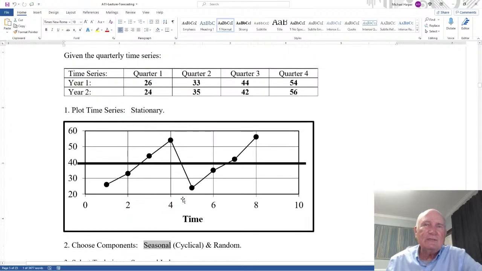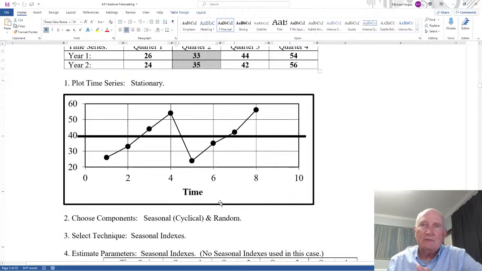Now, if it's truly cyclical or truly seasonal, then the first quarter of the first year is going to equal the first quarter of the second year because it's stationary. But it is not. It's 26 and 24. So there's a little bit of variability. The second quarter from year 1 to year 2, there's variability. So between the years, there's also variability, unexplained.